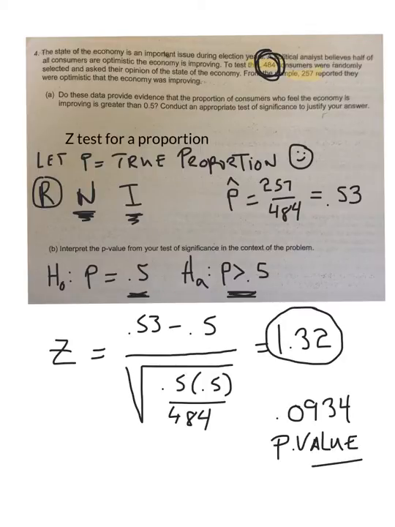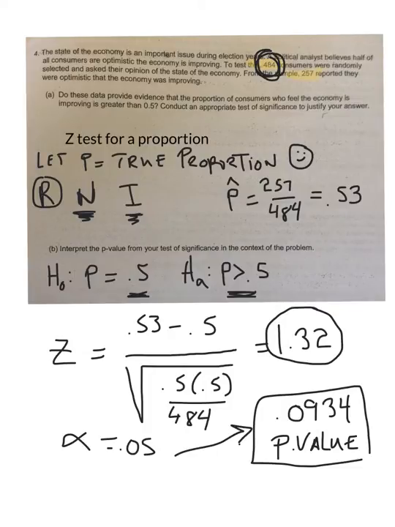So, what does that tell us? Well, our conclusion: we have an alpha level of 0.05. This is bigger than 0.05. So we're going to fail to reject the null hypothesis. We just don't have enough evidence to say that more than 50% of the population feels good about the economy.